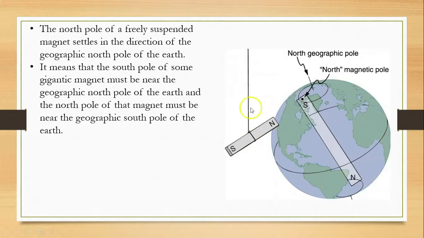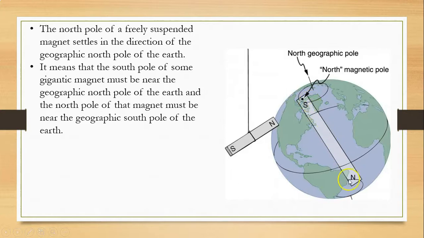According to William Gilbert, he performed certain experiments and he said that the place where the geographic north pole is, that place has the earth's magnetic south pole. That is why they have shown a kind of a magnet. Now, this is not an actual magnet.